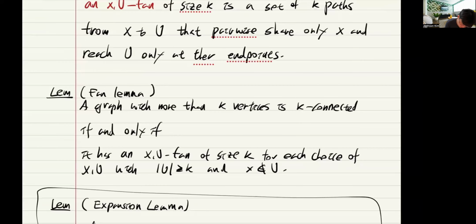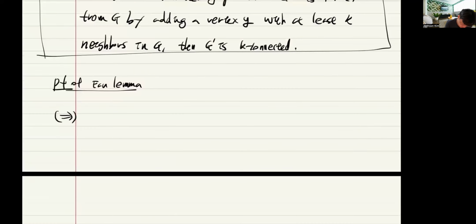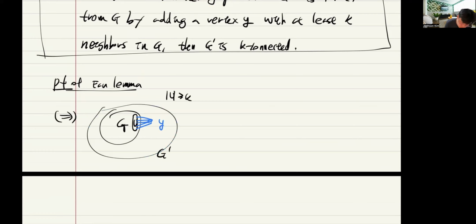If it's a k-connected graph with more than k vertices, how can you find the fan? You have a graph G, and you have U with size k. What you do is add a new vertex Y and make it adjacent to all of U. This graph is G prime, and G prime is k-connected.